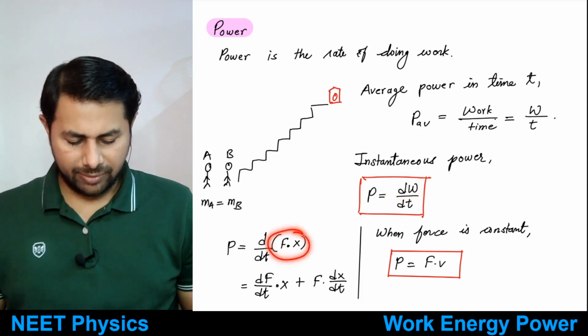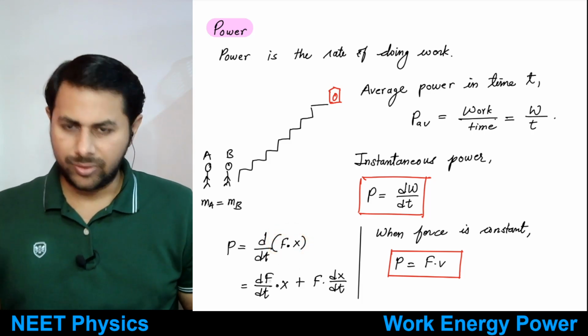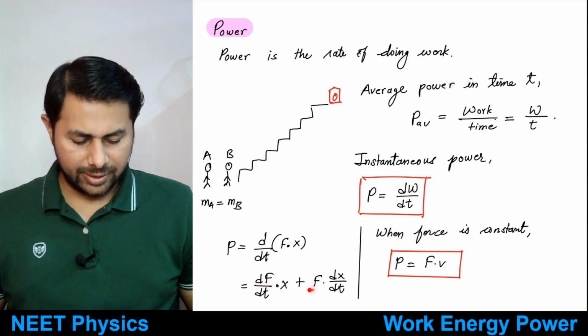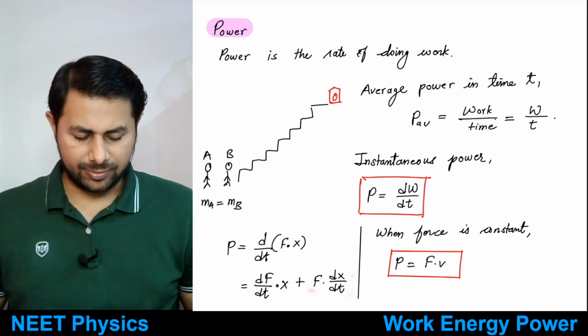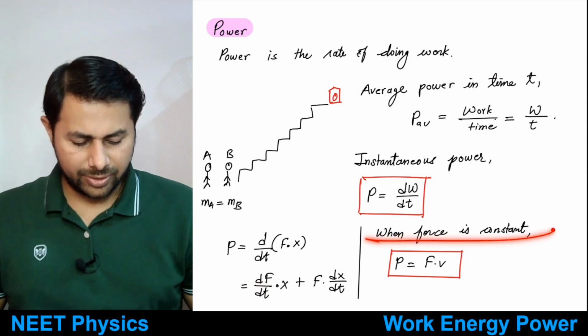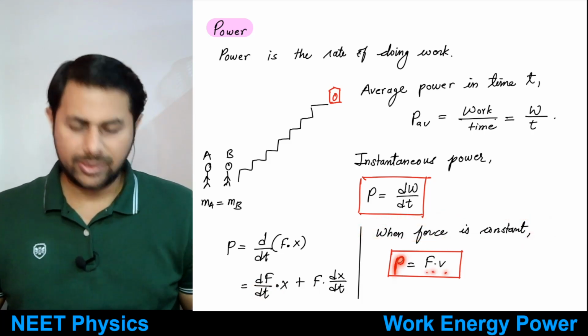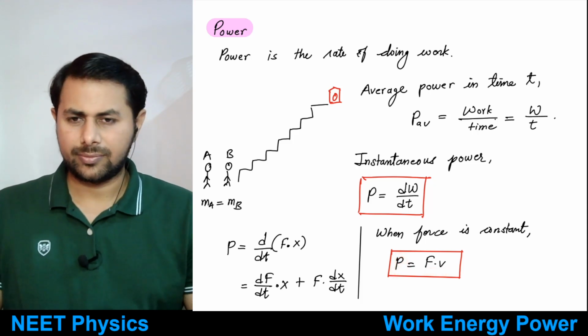If you take the derivative of that, then you get dF by dt times x plus F times dx by dt. And when the force is constant, you can write power is equal to just force times velocity.